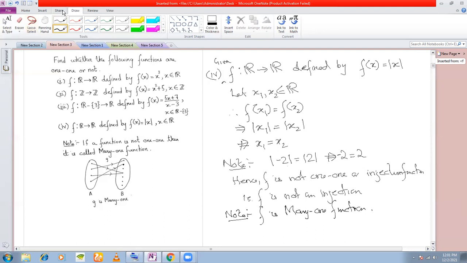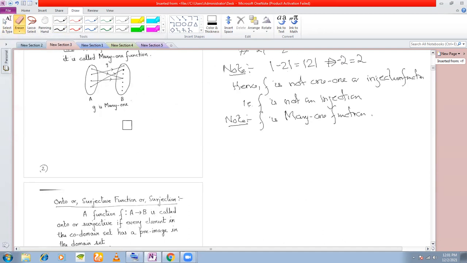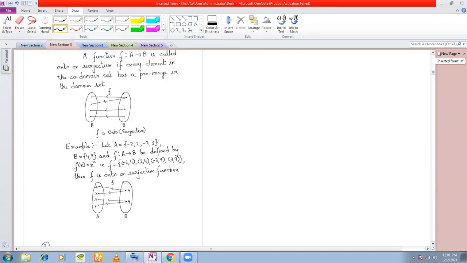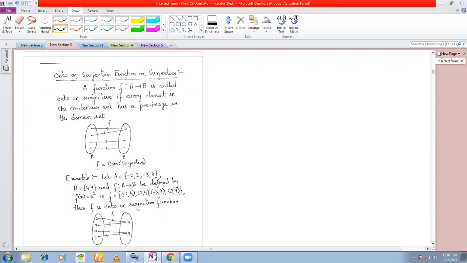We now move on to the next part, which is surjections or surjective functions. Okay, now look at this. What are surjective functions? In case of surjective functions, if you have two sets, let's say an element x, an element y, an element z here, and an element a and b here.